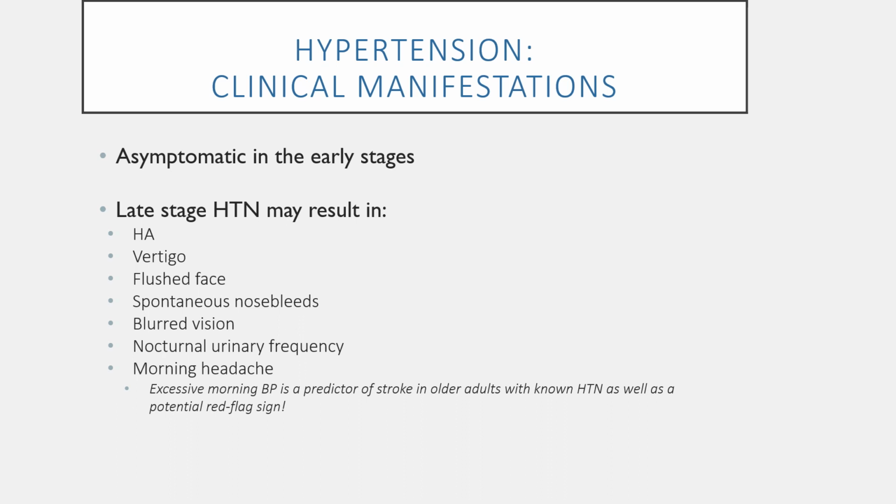Facial flushing or redness may occur due to increased blood flow or blood vessel dilation. Spontaneous nosebleeds. Fragile blood vessels in the nose may rupture more easily due to elevated blood pressure. Blurred vision. Vision disturbances may arise due to changes in blood flow to the eyes or damage to the blood vessels in the retina.